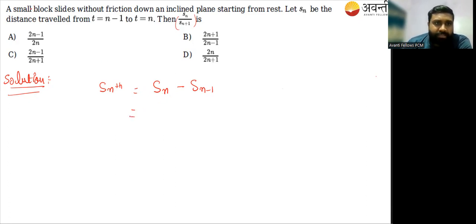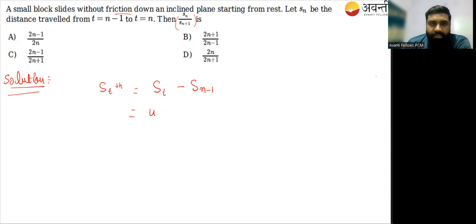All the things are given to you, that the block is sliding without friction down an inclined plane starting from rest. So there will be a uniform acceleration on an inclined plane. So we can say that Sn is equal to ut, okay, or you can say, instead of nth, this is the concept, but instead of nth we will take tth.